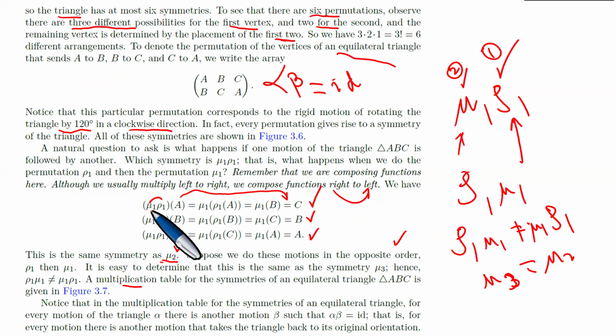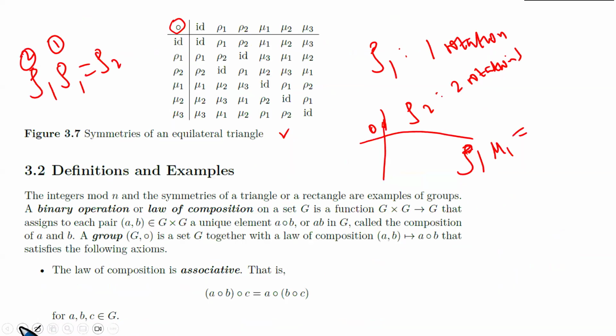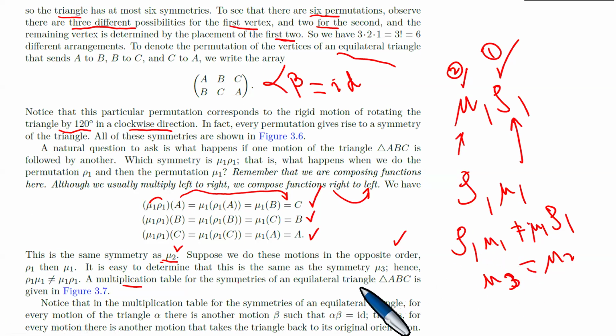So when we discussed ρ1 μ1 in this order, we saw that it is μ3. ρ1 μ1 is μ3. μ1 ρ1 is μ2. So ρ1 μ1 is μ3.